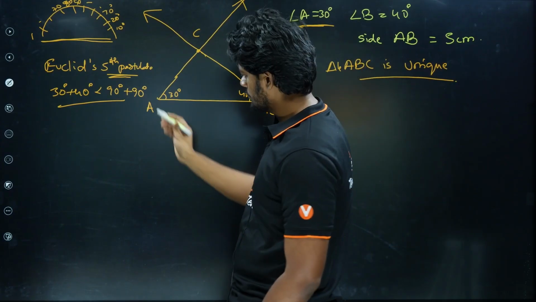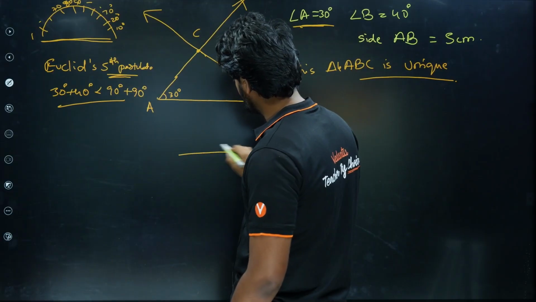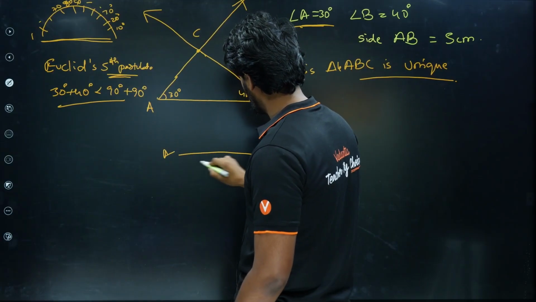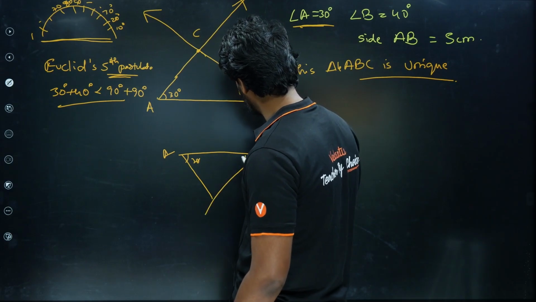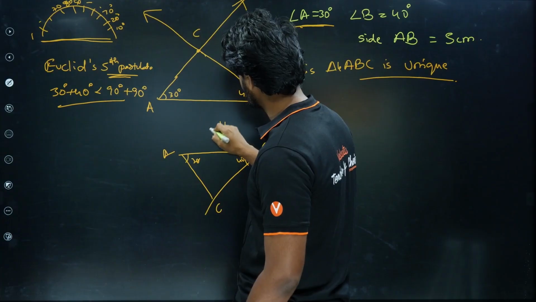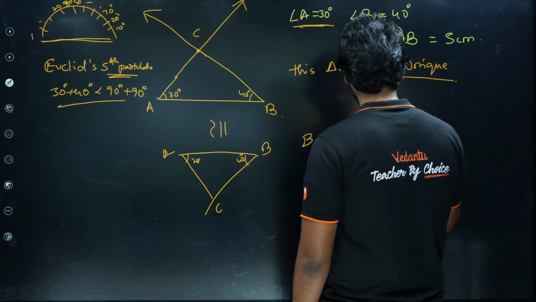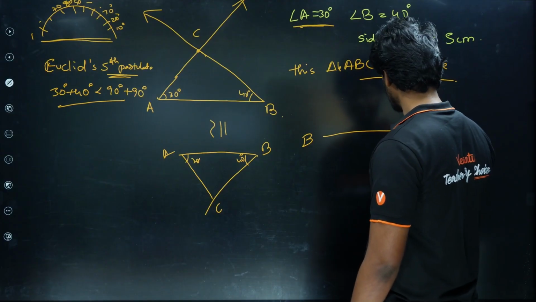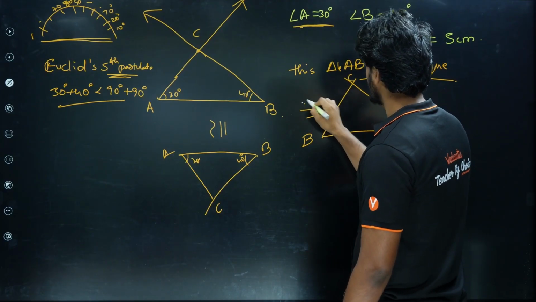right? You can do it with AB this way, or you can maybe draw AB and draw it this way, 30 degrees, 40 degrees, and this ABC is also congruent. Or maybe you take B this side, A this side, and do anything. This ABC is also congruent.